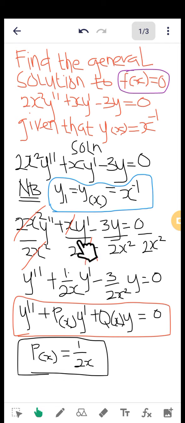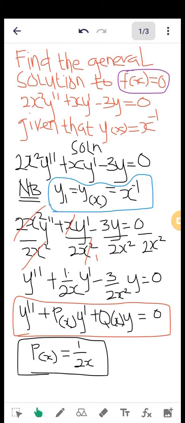I divide the whole equation by the coefficient, 2x squared. Dividing by 2x squared, we get y prime prime, because the 2x squared will cancel, plus then x will go into 2x squared, 1 over 2x, y prime minus then 3 over 2x squared y equals 0.